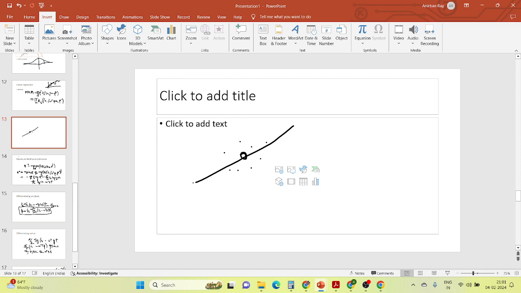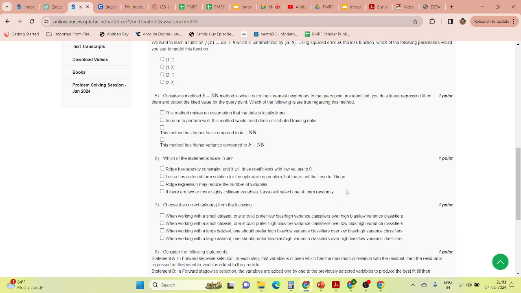But in this straight line fit, we are using parameters to adjust the line. So the line is much more flexible, it may be any curve. Actually, the KNN will have more bias. So KNN will have more bias. This is wrong. This method has higher variance. It's less bias, right? The KNN has more bias. Yes, this is the answer.